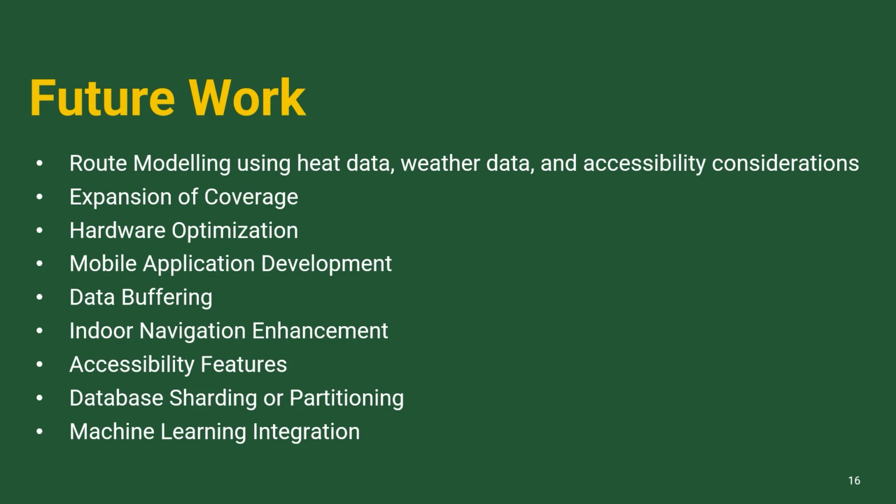The development of mobile application is planned to offer user a more accessible and interactive experience. Recognizing the importance of inclusivity, accessibility feature will be added to cater the needs of individuals with disabilities. Furthermore, the integration of machine learning algorithm is also planned to enhance traffic pattern prediction and improve route recommendations.